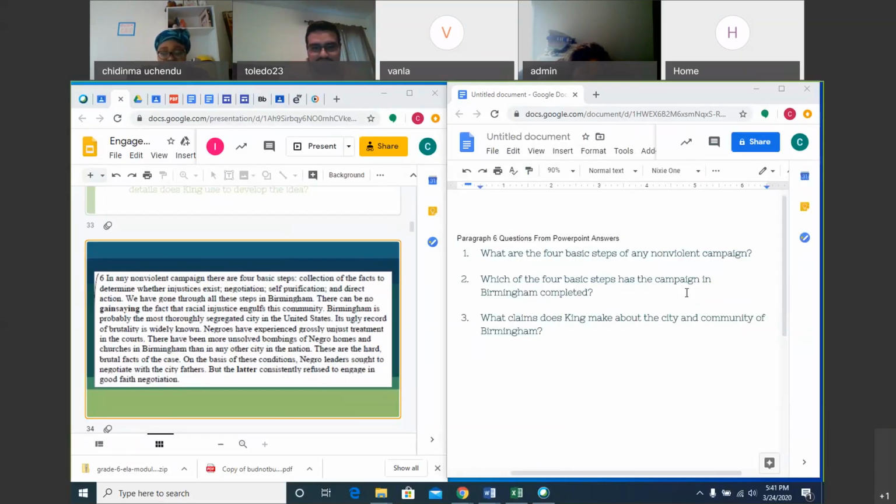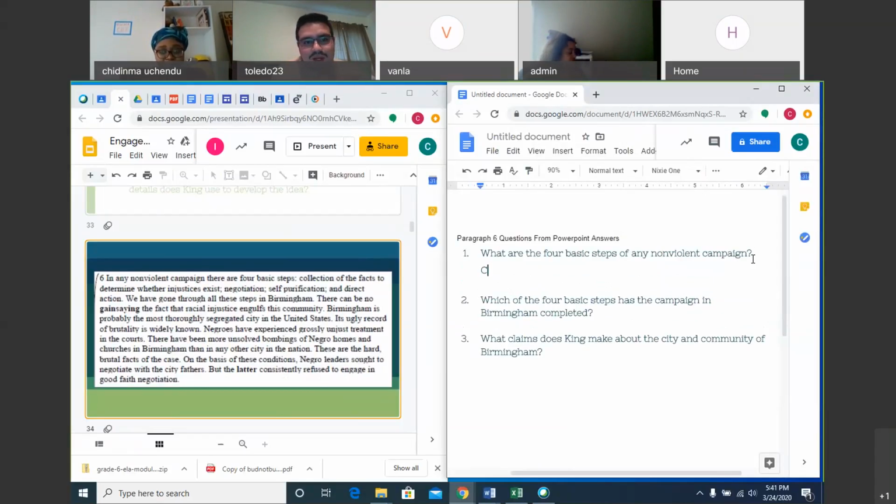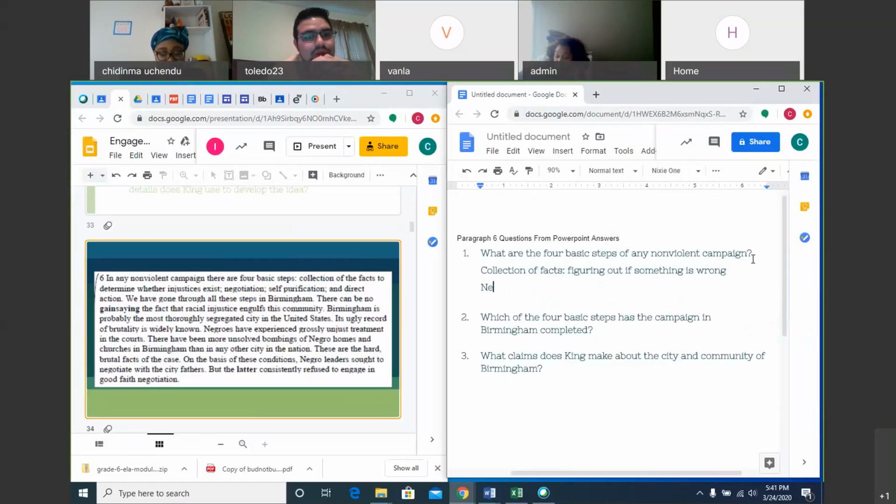Okay, the 4 basic steps. First one is collection of the facts to determine whatever injustice exists. That means try to get all the facts to see if something is wrong, if something bad is happening in that situation. And the second one is negotiation, the part when you try to work together with the other party to fix the problem.